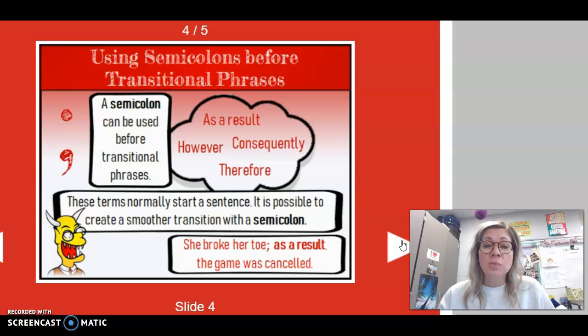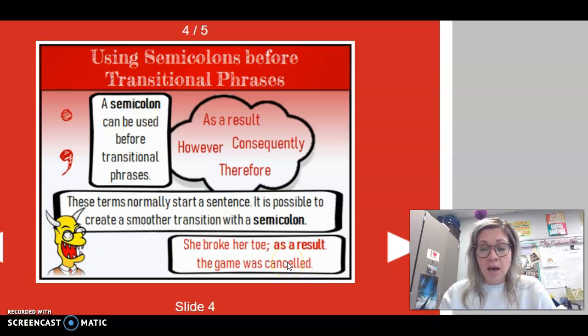A semicolon can also be used before transitional phrases. So let's look at this example here: "She broke her toe; as a result, the game was canceled." Now, that is a transitional phrase. However, if you take that transitional phrase out, "the game was canceled" could be a standalone sentence.